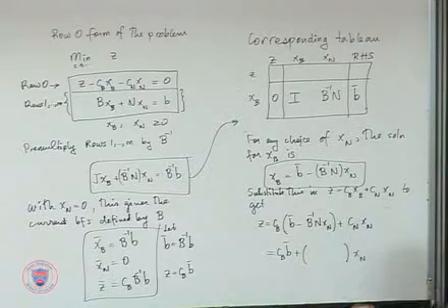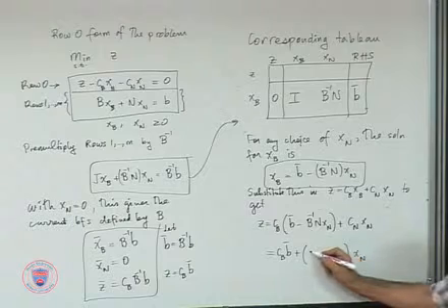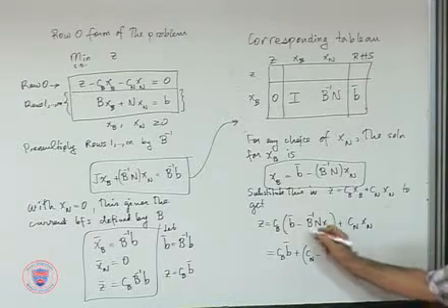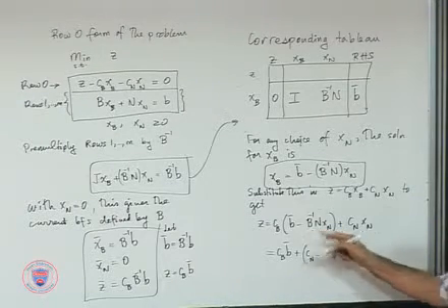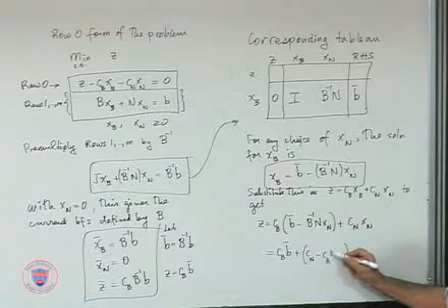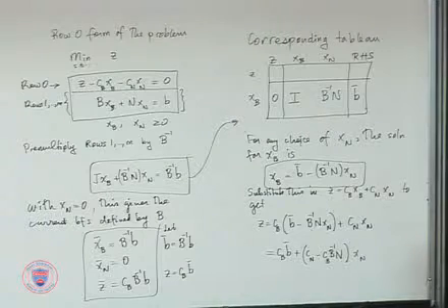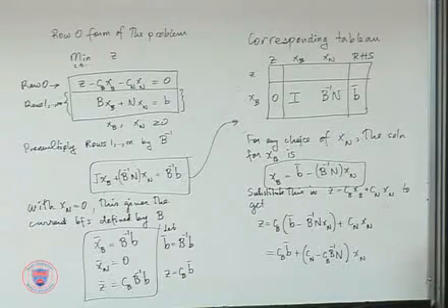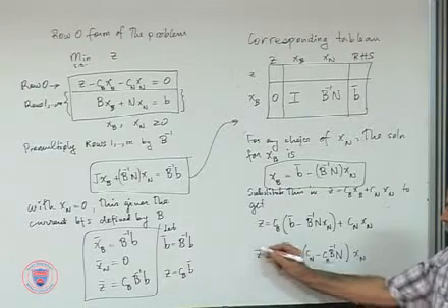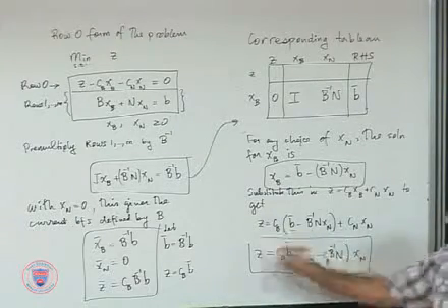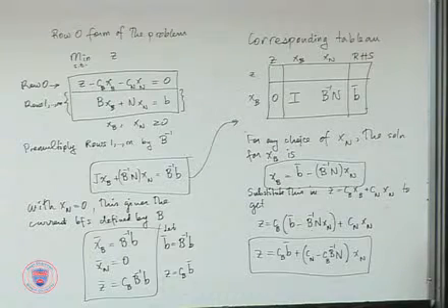What do we have? Cn minus Cb B inverse n. That's what you would get.